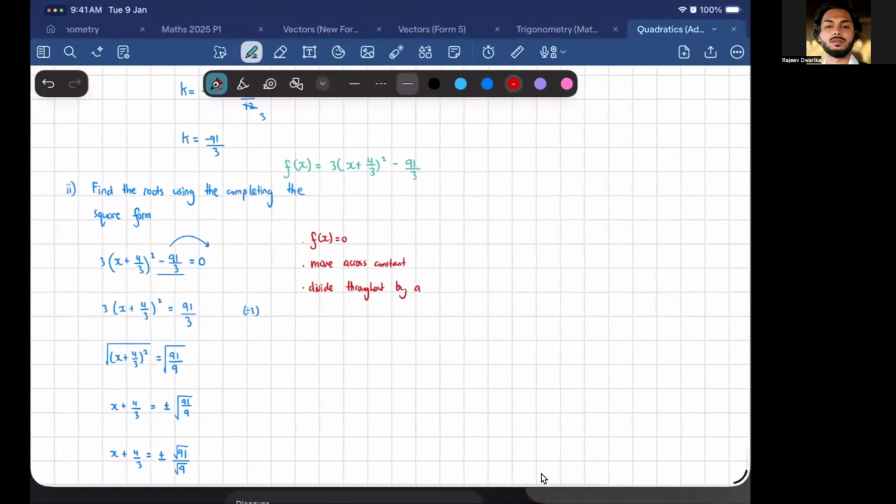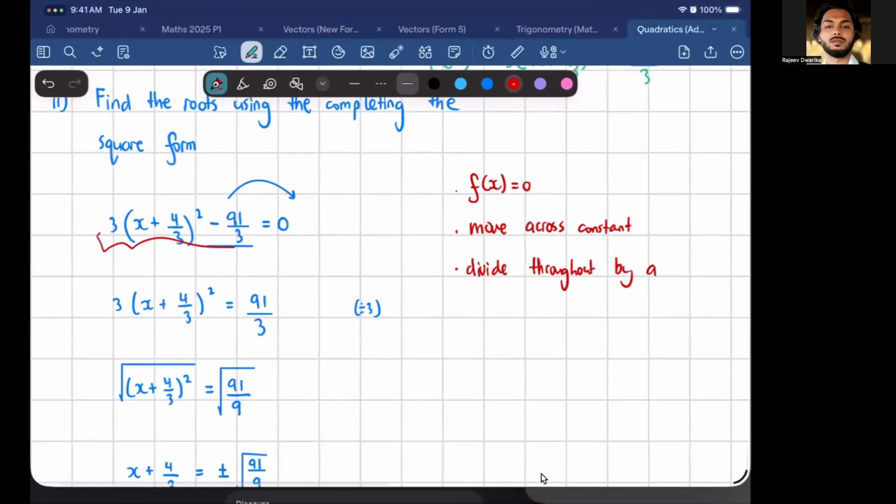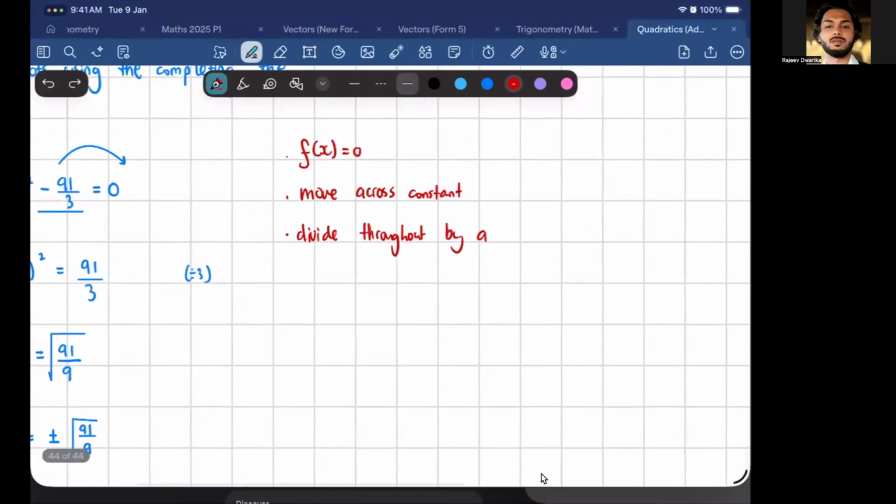Zachary, I hope they're not confusing you. In this question, what was a? 3. Right? So divide throughout by a, then square root both sides, and you would consider positive and negative solutions.